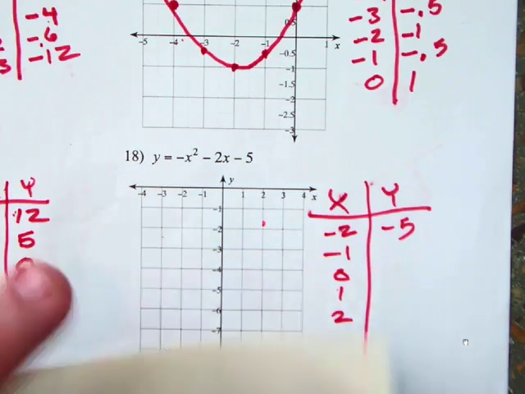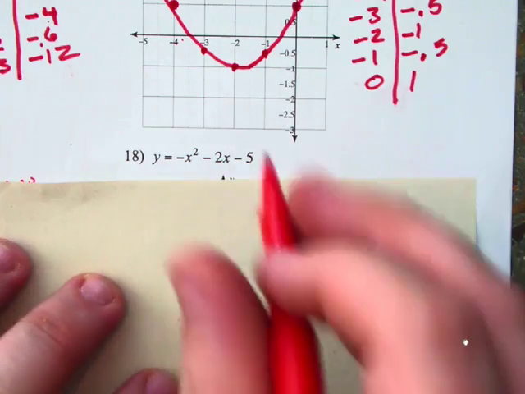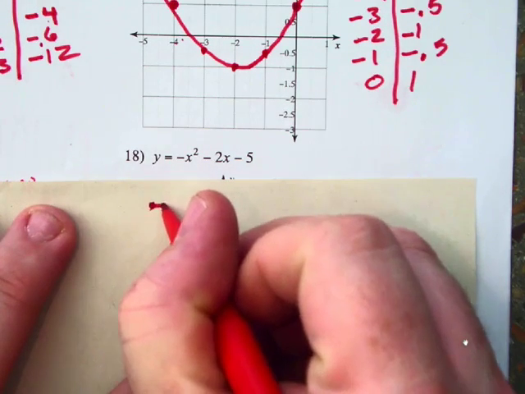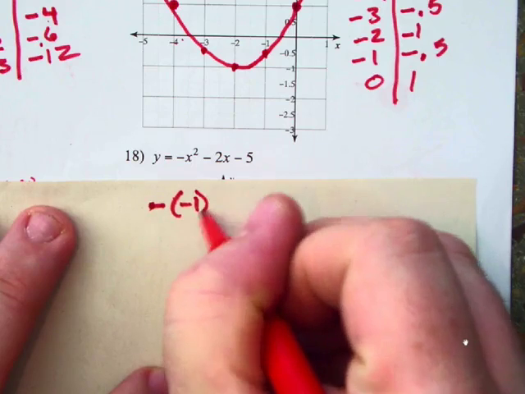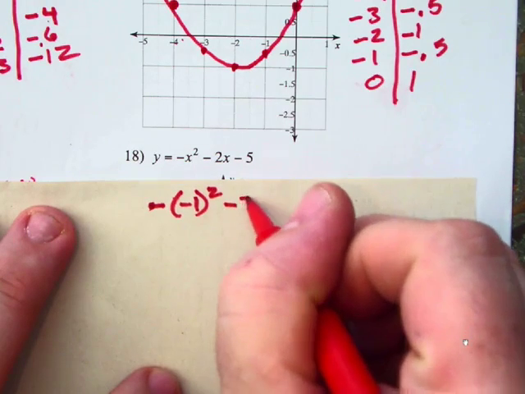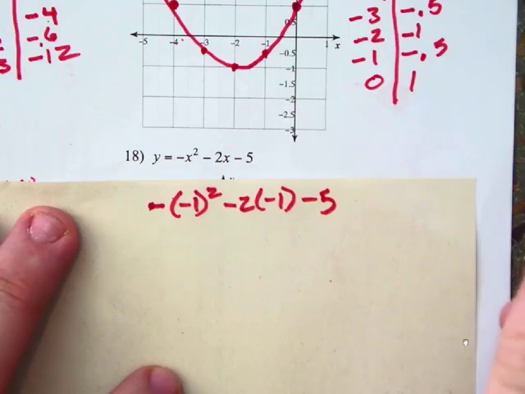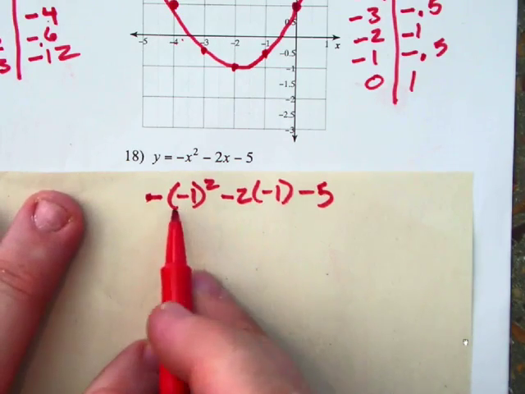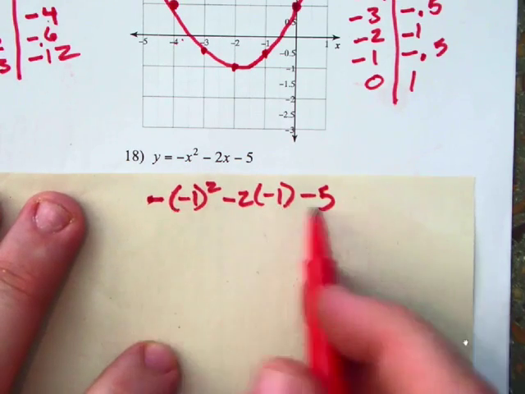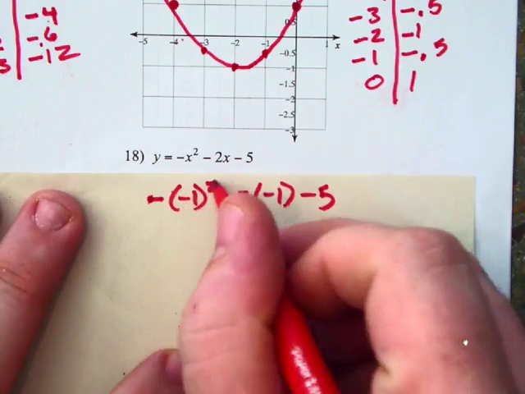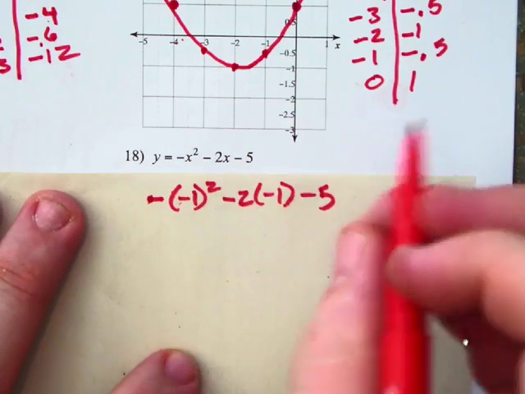Okay, now let's plug in negative 1. Negative 1 squared minus 2 times negative 1 minus 5. So you can see all I'm doing is plugging it in. Just plugging in the negative 1 for the x's. Now do the exponent first. Negative 1 times negative 1 is 1.